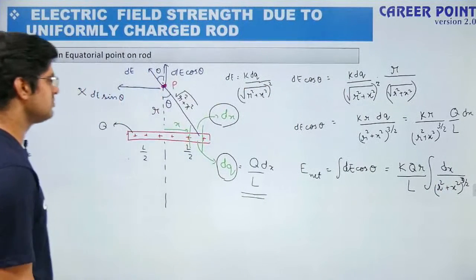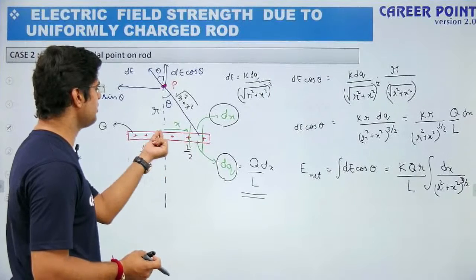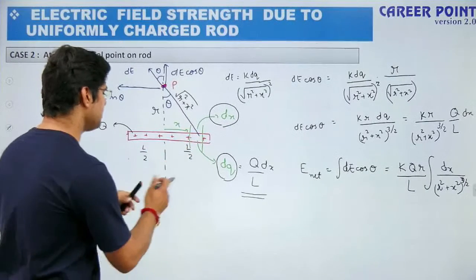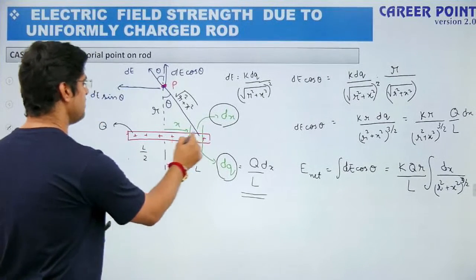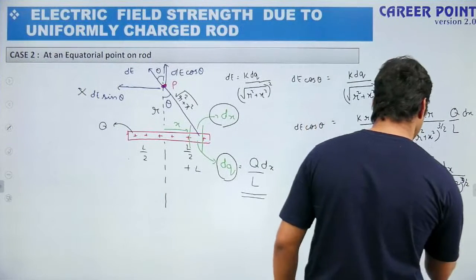From where to where? From the value of x, we have taken plus L by 2, right? So from minus L by 2 to plus L by 2, or plus L by 2 to minus L by 2.